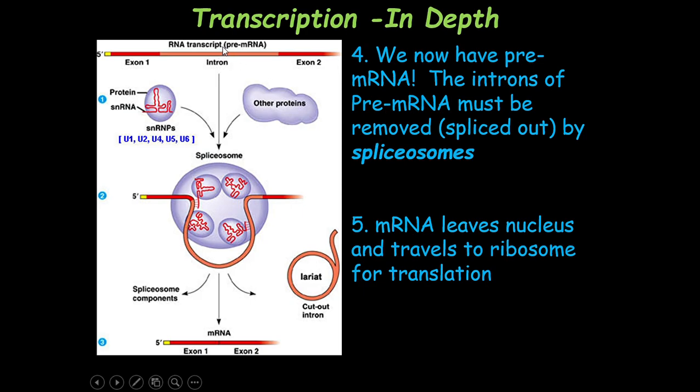And you remove some sections of it. You splice out some sections called introns, which are not going to be in the final product, and you put together the exons. Exons are expressed, introns are not. Okay, and then the mRNA is the final version. It can leave the nucleus, where it's going to be translated in the next step.